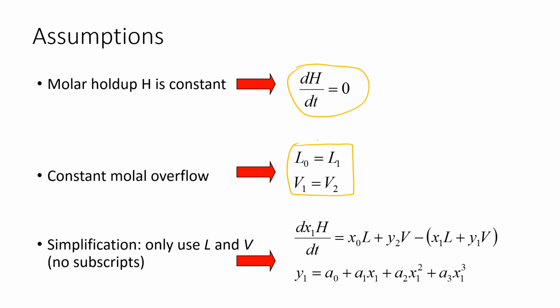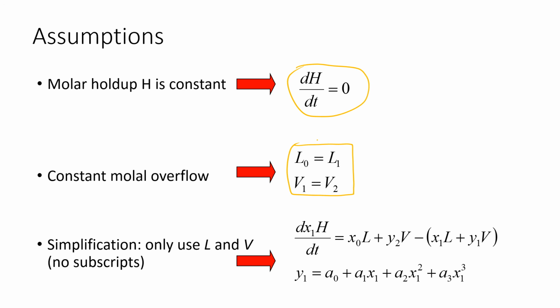And that would result if you had about equal heats of vaporization between the species involved, so that even if some of the one compound is condensing, the other compound, the lighter one, is going to be vaporizing, and so you get constant overall molar flow rates going in and out for the vapor and liquid.